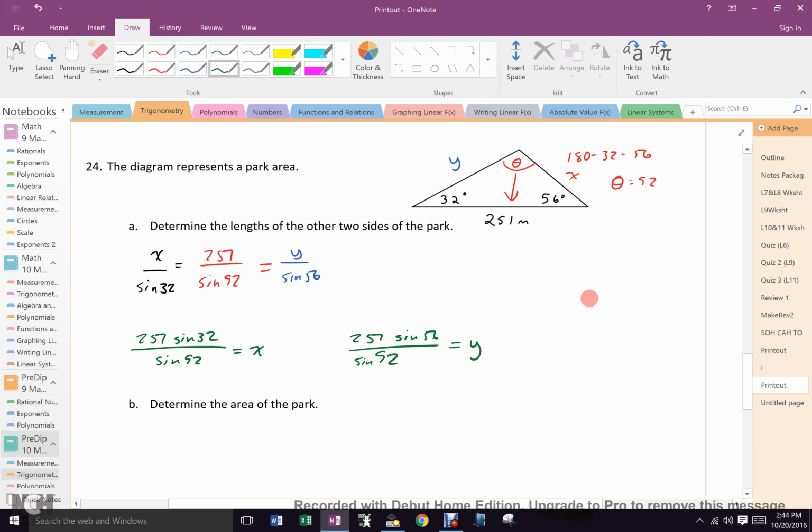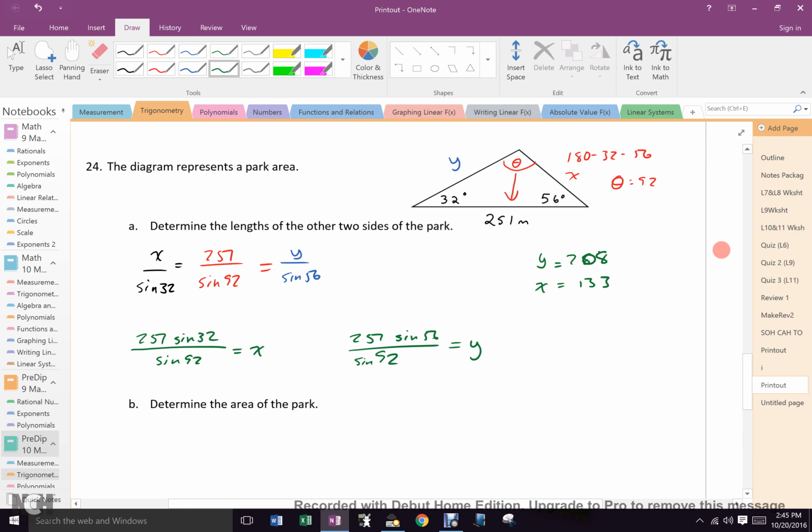And you get those answers to be something like 208 for x, and y was something like 133, or no, other way around, of course, because x is the shorter one.